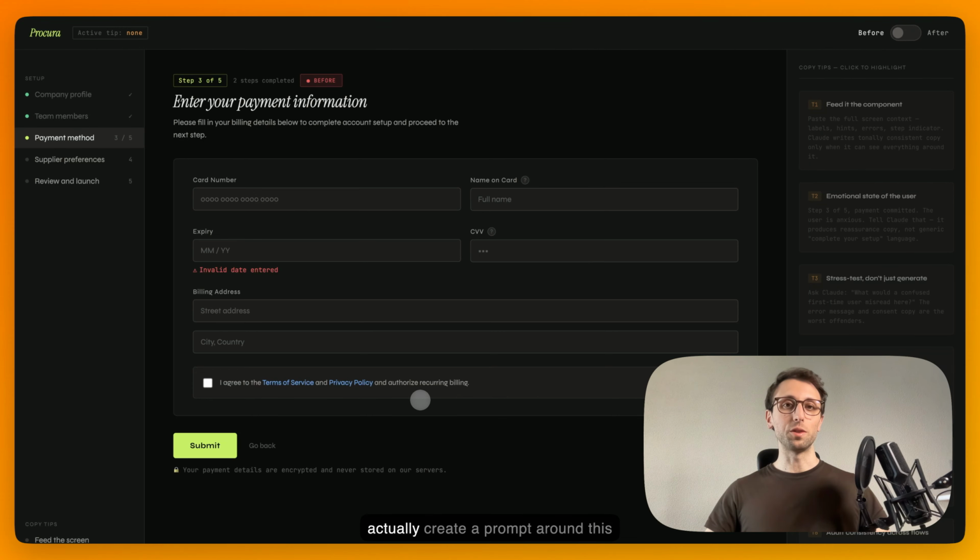You can actually create a prompt around this based on your specific project. In fact, that's something that I usually do in certain scenarios, but this is essentially going to enable you to have the most accurate UX microcopy for the screen at hand.